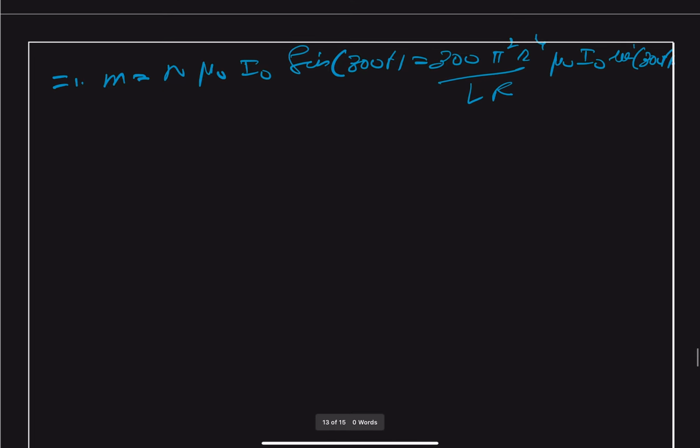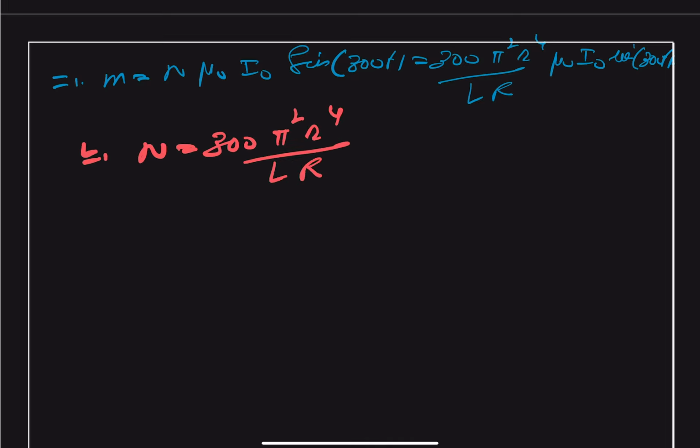If you make a comparison, we can say that the value of n will be equal to 300 pi square r to the power 4 divided by L multiplied by R.